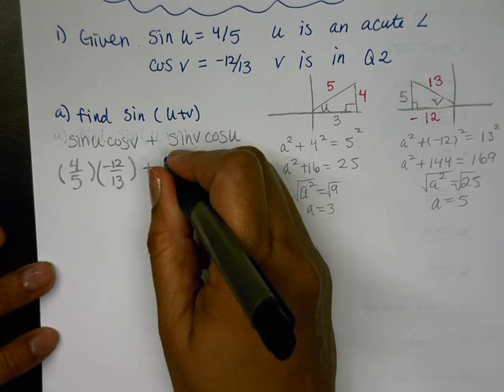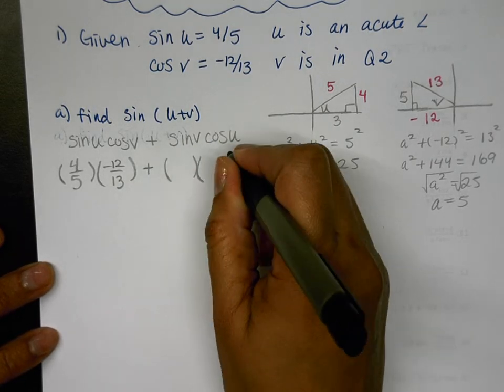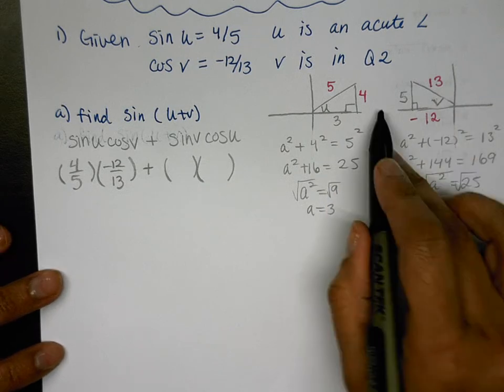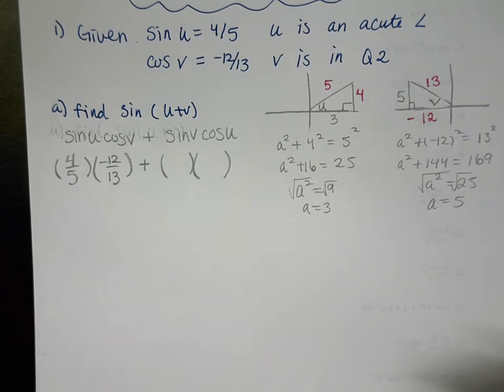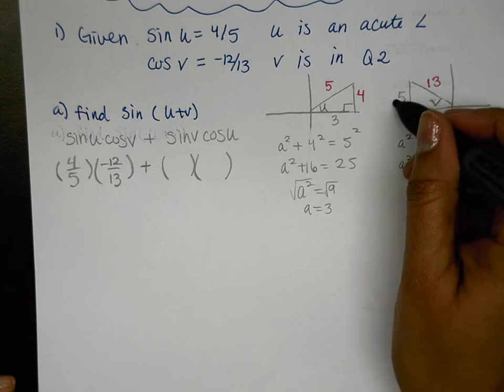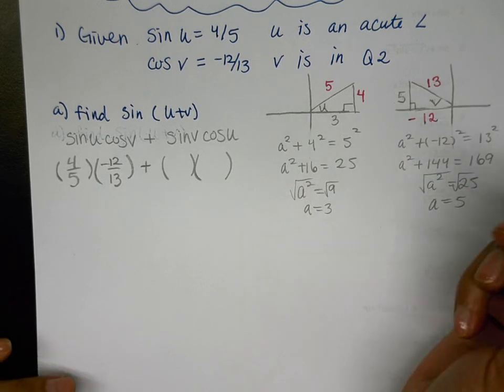Plus, right now I want you with your shoulder partner evaluating sine of v and cosine u using your triangle. All right, what did you guys get for sine of v? 5 over 13.